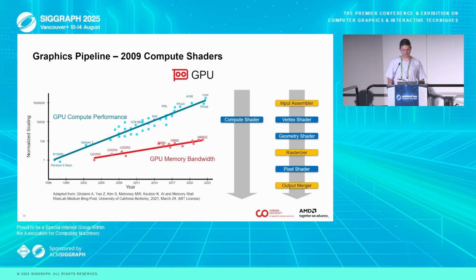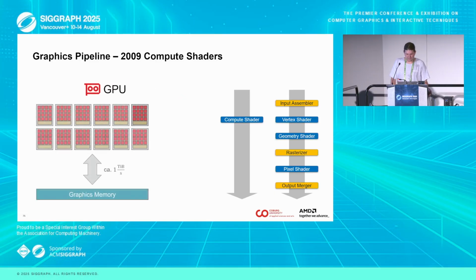Its slope is significantly smaller, so that means we can always compute so much more than we can get memory for. Well, that might leave our computational units that we have here idle, and that's bad. And this is not a 2025 problem. This is a problem that we've always had.